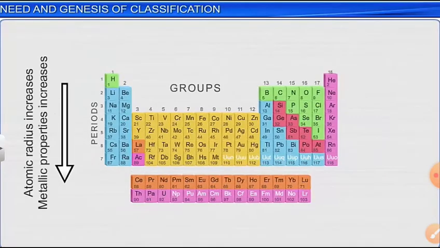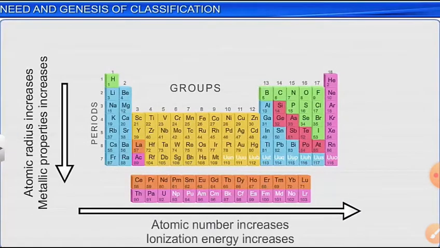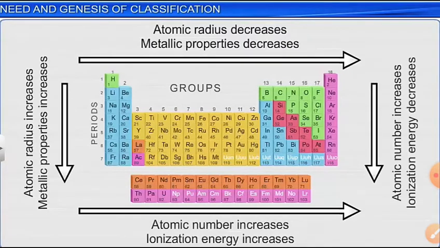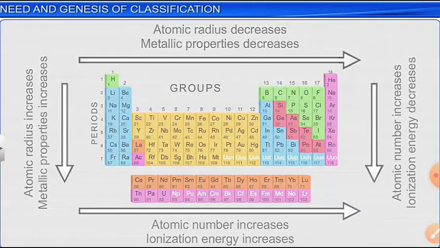The elements are arranged in such a way that there is a periodic variation, that is, after a regular interval the properties change in such a manner that the next element which is present will have similar properties. So this was finally done, but how did we come to the modern periodic table?